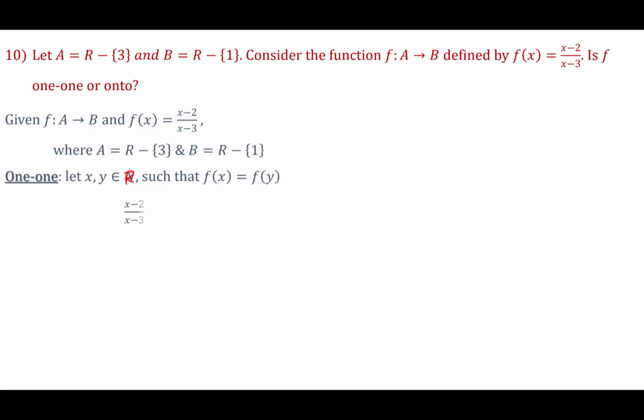By cross multiplying, x minus 2 times y minus 3 and y minus 2 times x minus 3. So each and every element multiply with each other like this and like this.